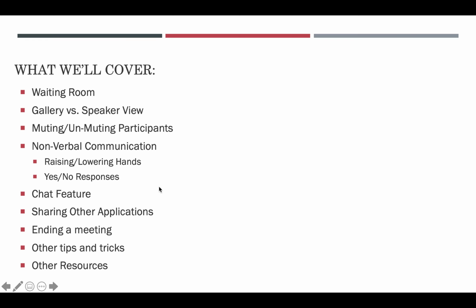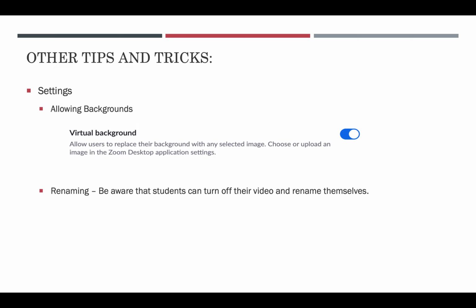Okay. So we covered all of these different features, and that's how you run a classroom. There are other functionalities that are available to you. There are other pieces that I wanted to cover in this class that I got some feedback on from people that have been using the application. You can set up a virtual background, so you can select an image to be a background as opposed to what you're actually in front of.